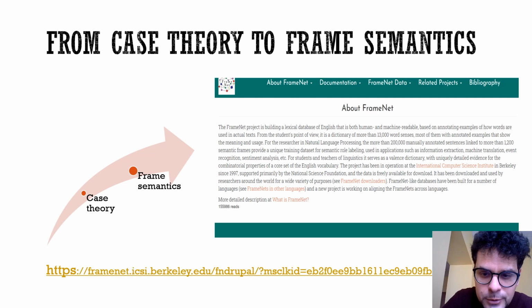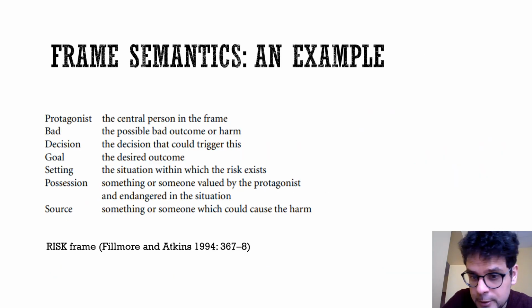But let's look more clearly at how frame semantics is applied, how it works. The idea of frame semantics is that one word calls a network of knowledge, what is also known as script, schemata, or mental model. For instance, we have the frame of risk.